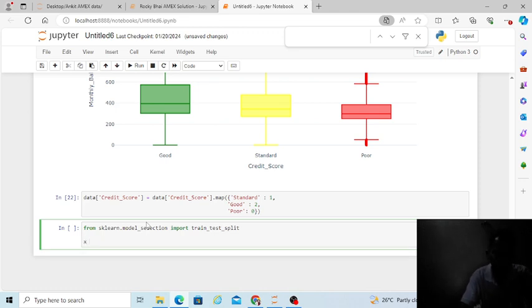So X is equal to np.array data and the columns which I want to include.